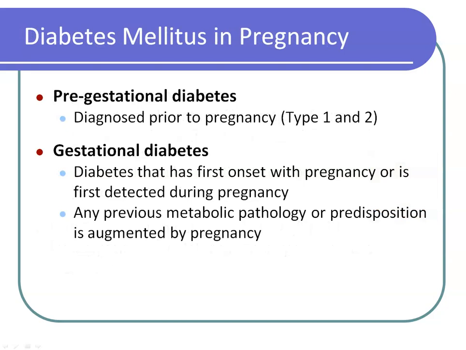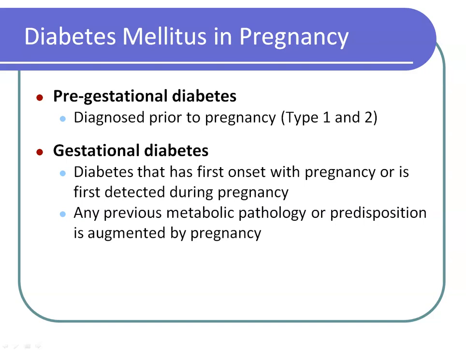So these are just some definitions. Pregestational diabetes refers to diabetes mellitus that was diagnosed prior to becoming pregnant, and this could be type 1 diabetes or type 2. Gestational diabetes is a diabetes that has its first onset during the pregnancy, or at least it's first detected during the pregnancy.